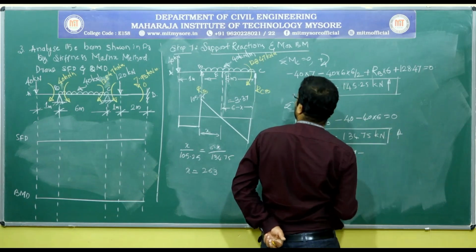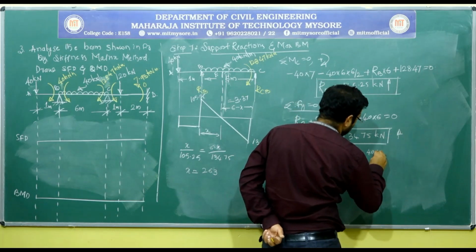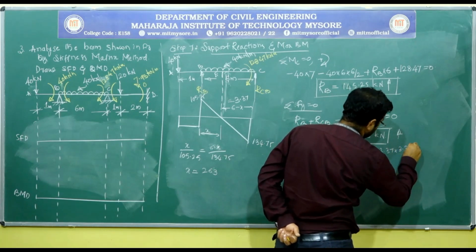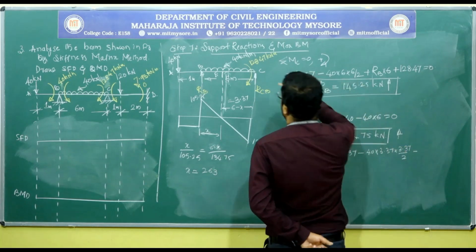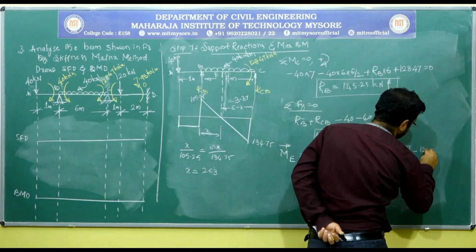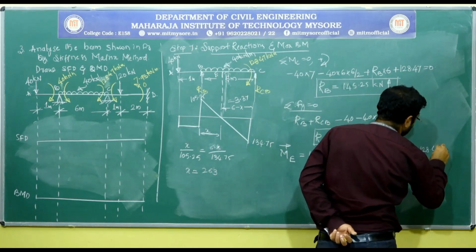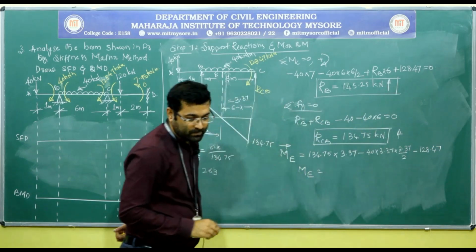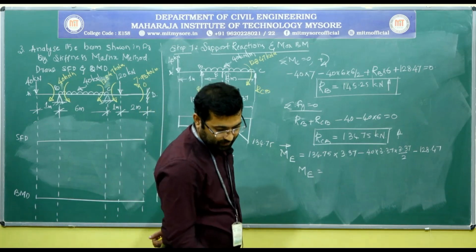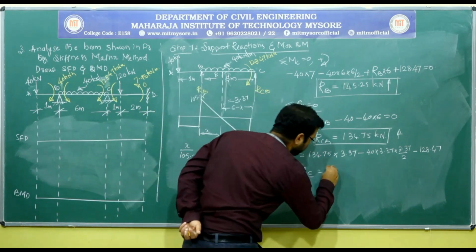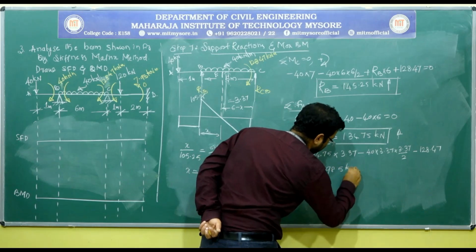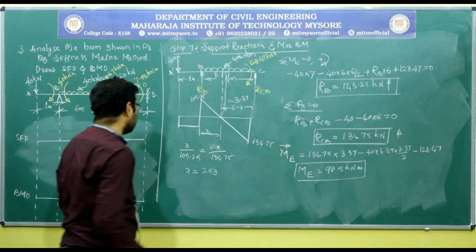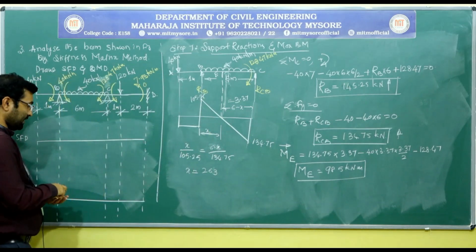So right side clockwise is negative. So it is 40 into 3.37 acting at a distance of 3.37 by 2 minus this moment, it is about 128.47, which yields to ME as 98.5 kilonewton meter.